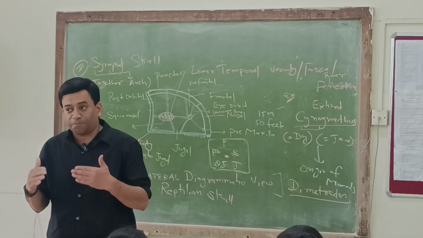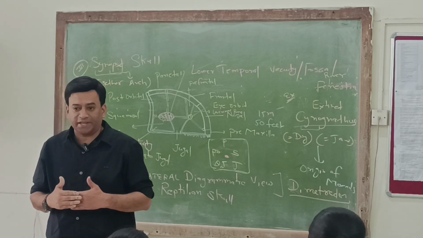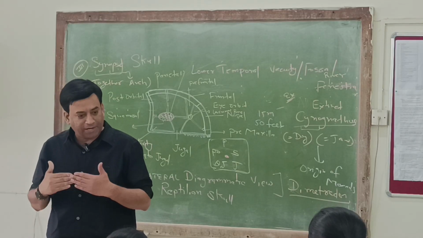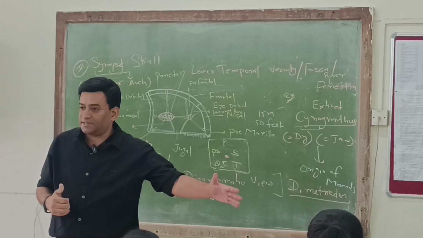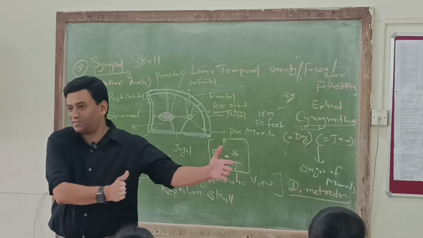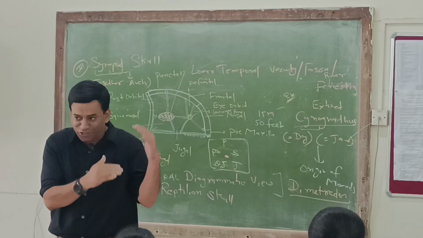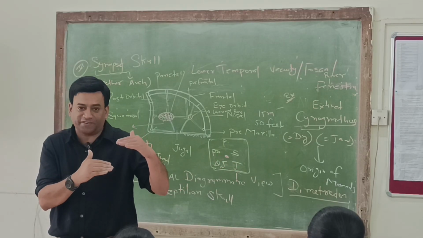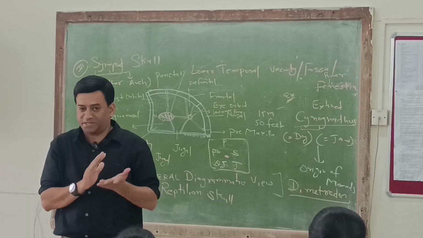Then on the basis of presence or absence of the vacuity, the skulls are divided into Anapsid and another kind of skulls. Now how much vacuity they have, they are divided into the Diapsid and another type of skull. And what is the position of the particular type of fossa or vacuity, they are divided into the Parapsid and the Euryapsid type of skull.